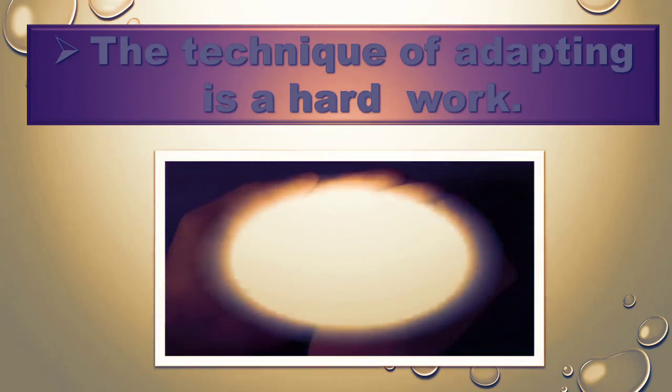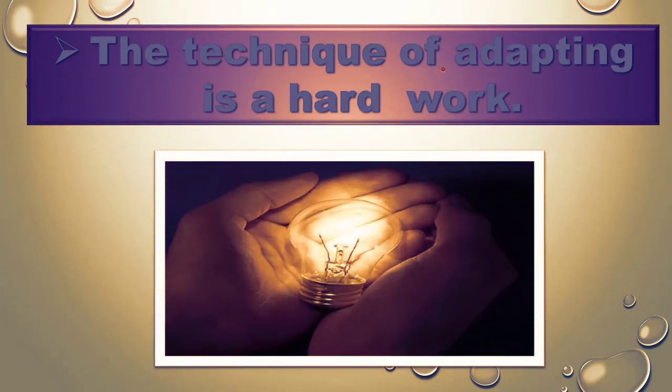The next principle is that the technique of adapting is hard work. Adapting your words and concepts to your receiver will not come automatically to you. So, to make communication effective, you must find out the words and symbols that best adapt to the receiver's choice.